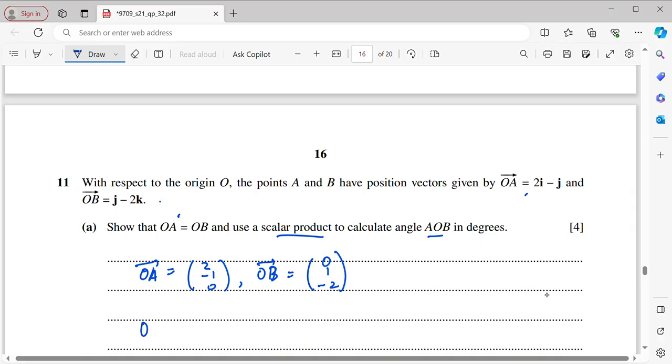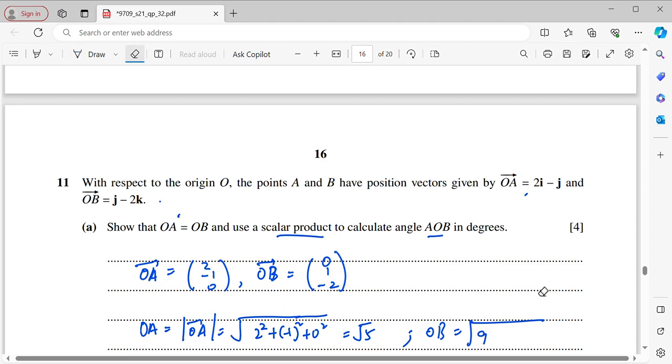So now the magnitude of OA is square root of 2 squared plus negative 1 squared plus 0 squared, which is square root 5. So OB is square root of 0 squared plus 1 squared plus negative 2 squared, which is square root 5.